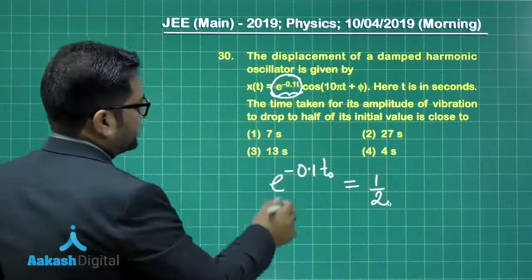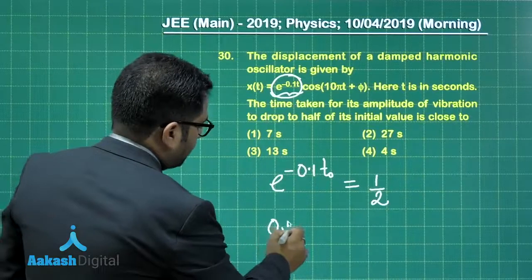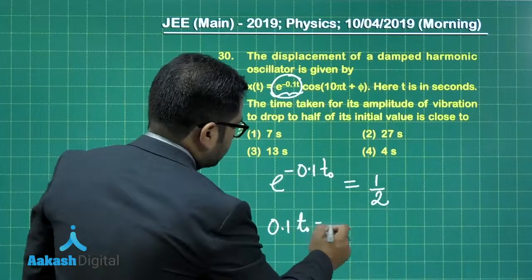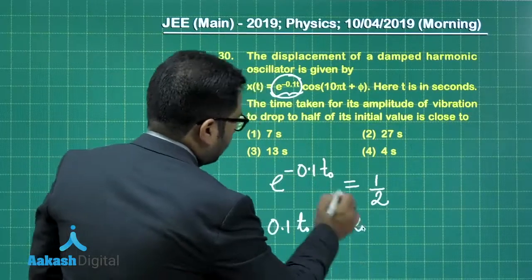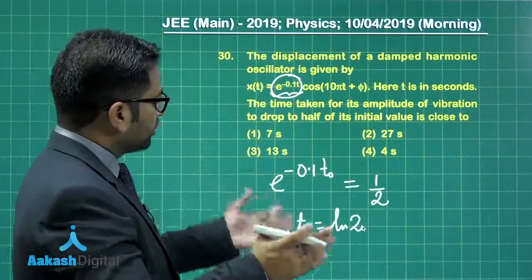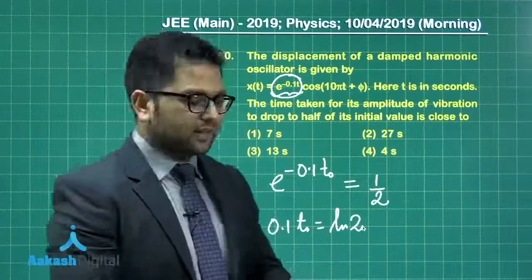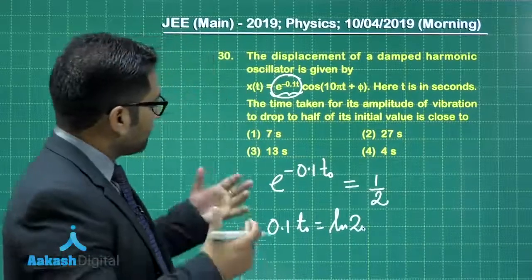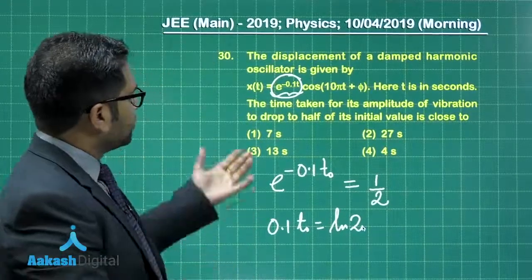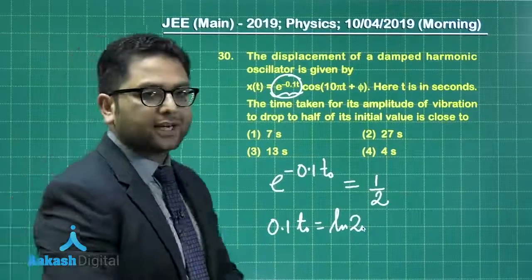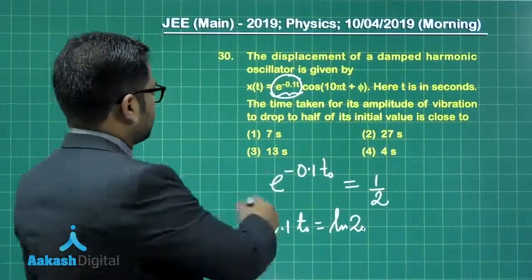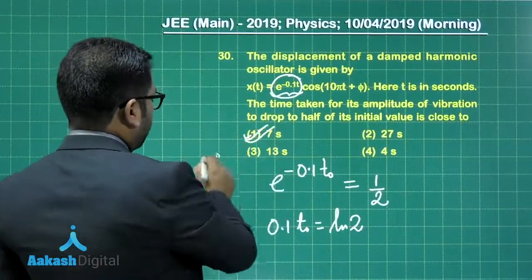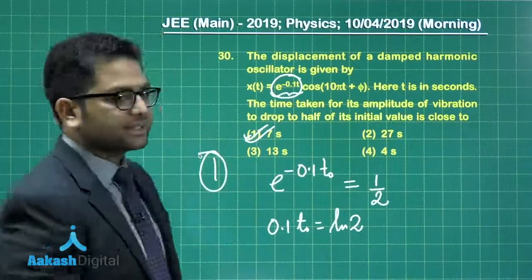And this now would come as 0.1 t naught is log of 2. And that's so simple, see, log 2, you remember, 0.693. So divided by 0.1 here and put all those values, you are certainly going to get the value very close to 7 seconds. So option number 1 is the correct option for this.